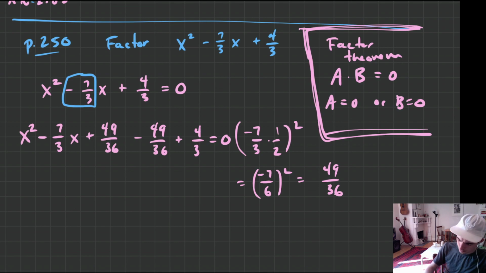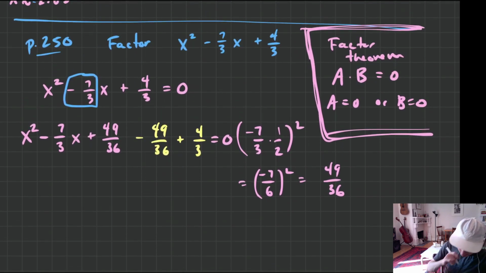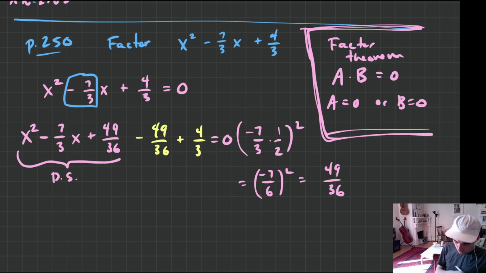And I'll put this in a different color so you can see that all of this junk is separate from the other junk. This right here is going to be a perfect square. So I'll write PS because it's a perfect square. And it's a perfect square because, well, we made it a perfect square.